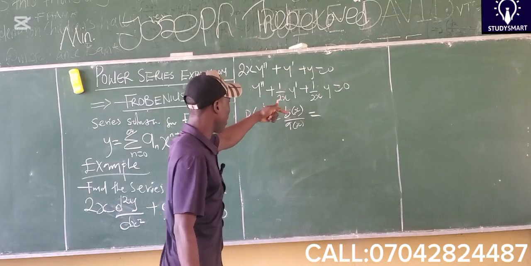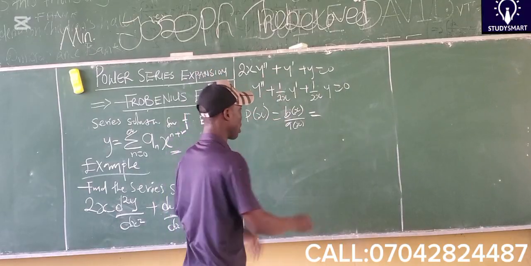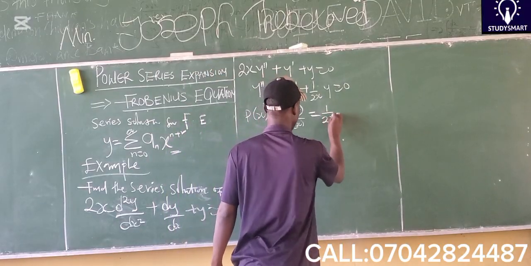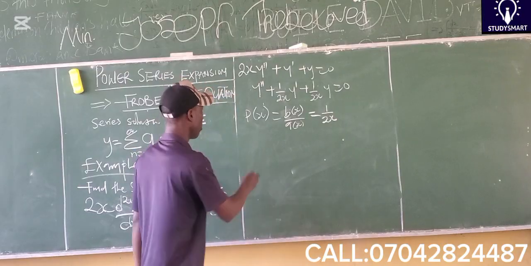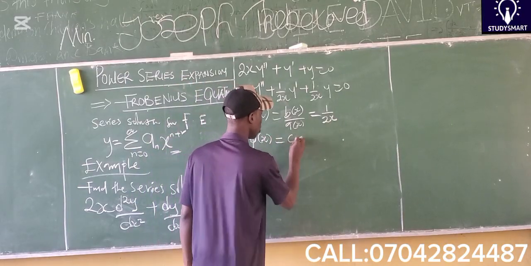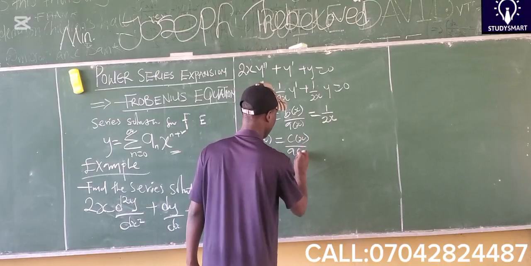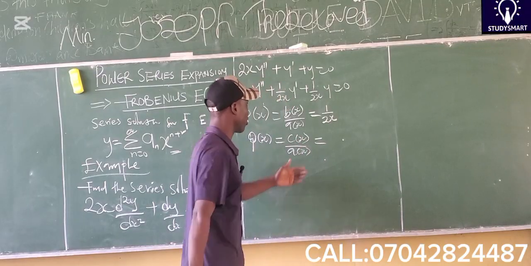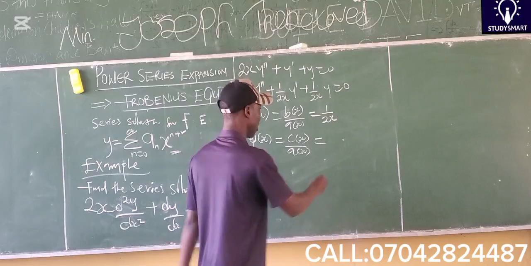So b of x over a of x is this guy here, so I'm going to have 1 over 2x. And q of x is equal to c of x over a of x, which is 1 over 2x.